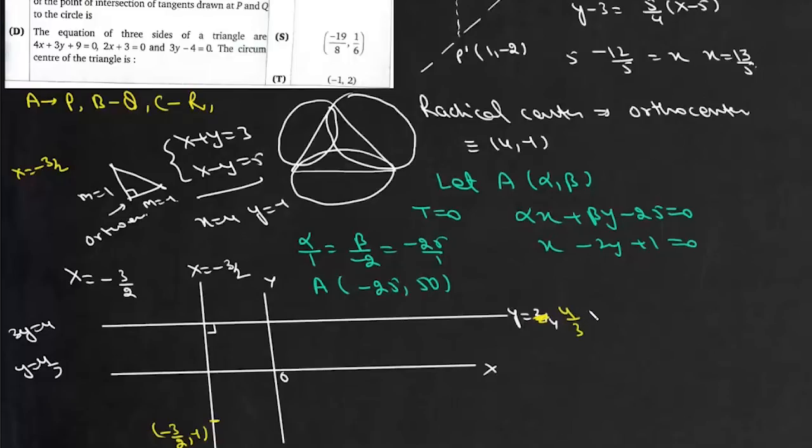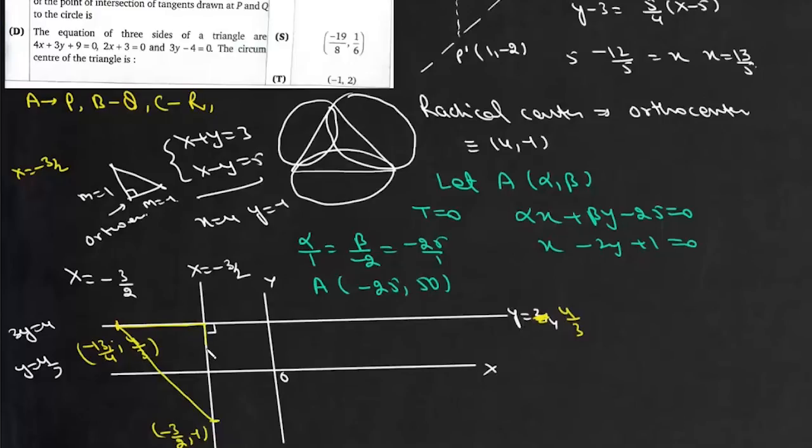If we put y as 4 by 3, it will be x equals minus 13 by 4. So this point will be (minus 13 by 4, 4 by 3). So it is this triangle.